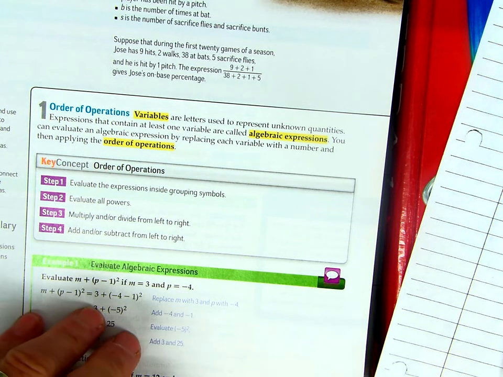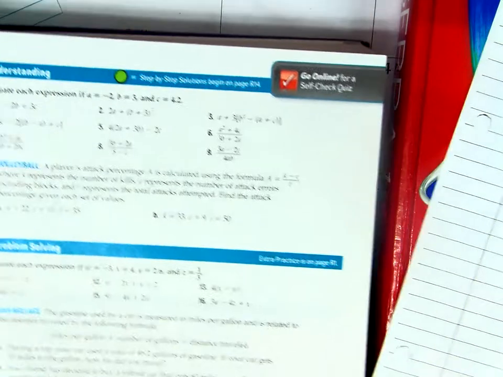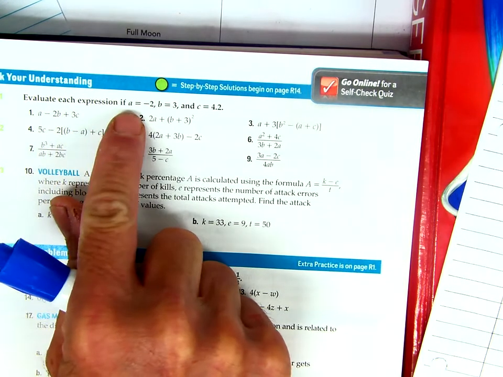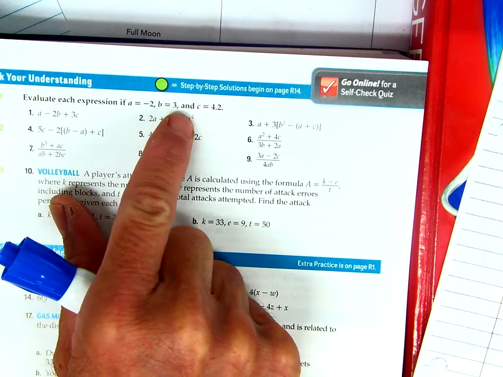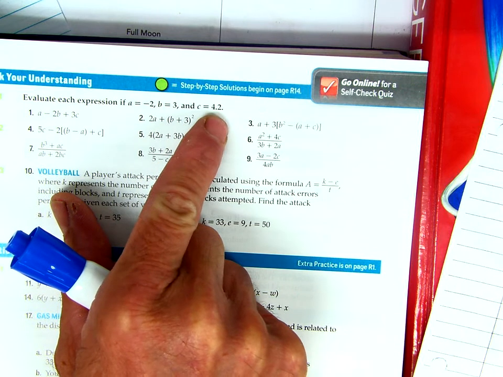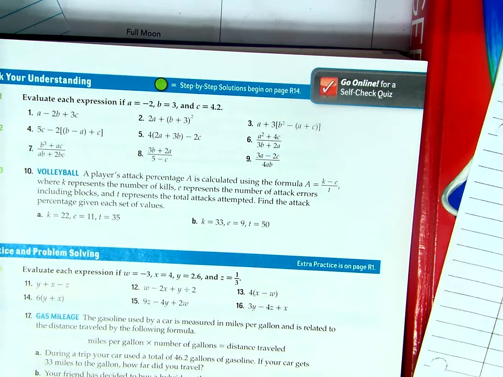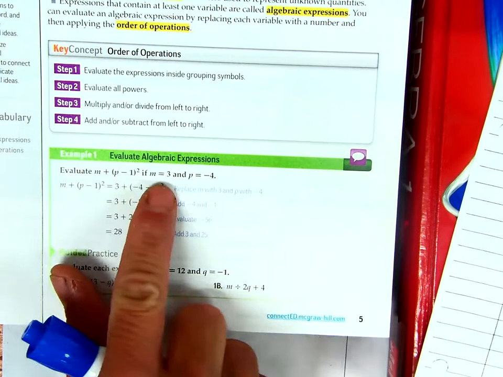If we flip over to the exercises, the very first set of exercises we have to do say, evaluate each expression. If a equals negative 2, b equals 3, c equals 4.2. So the first part of your work is going to be exactly like example 1.